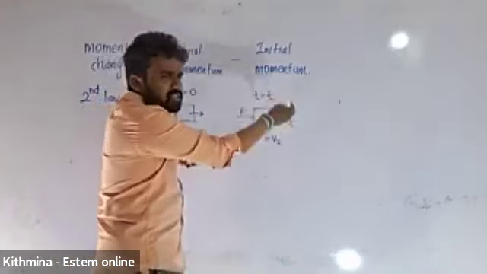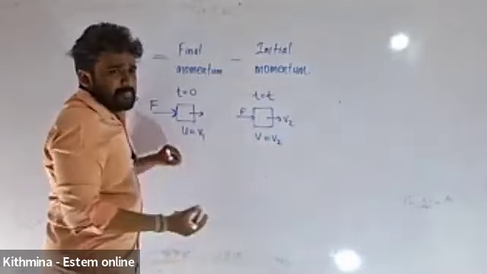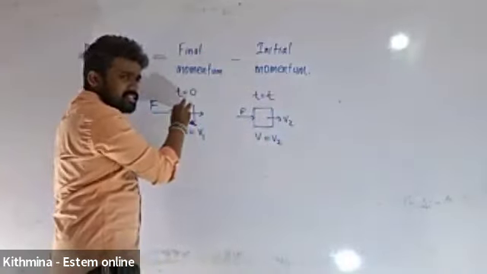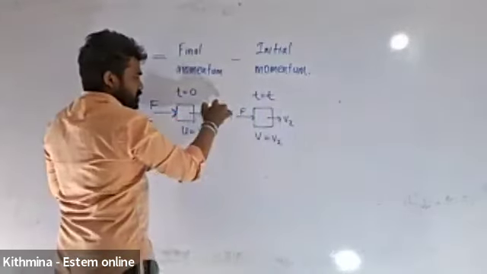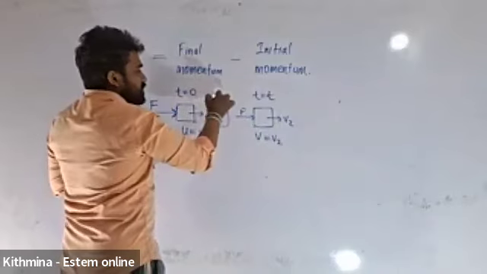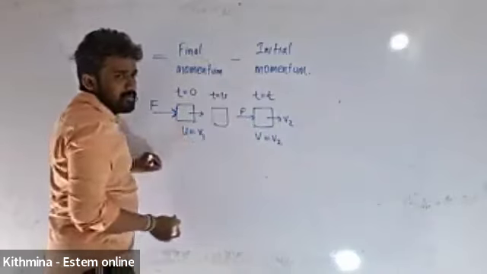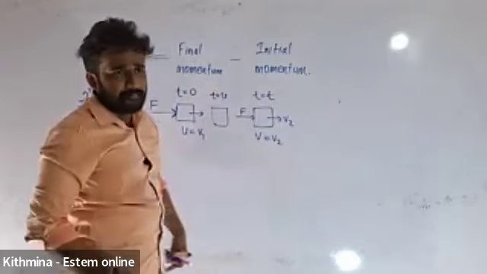At this time, t equals t. That's the definition of t. If we consider such a stage, it can be t equals 1, t equals 2, then this is t equals t.